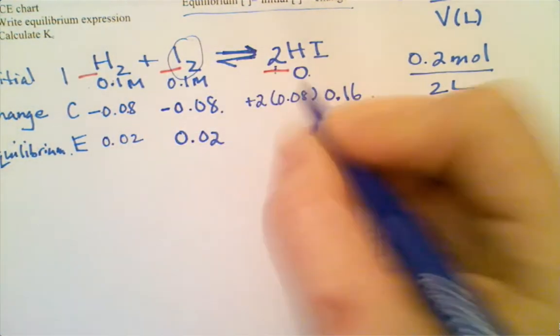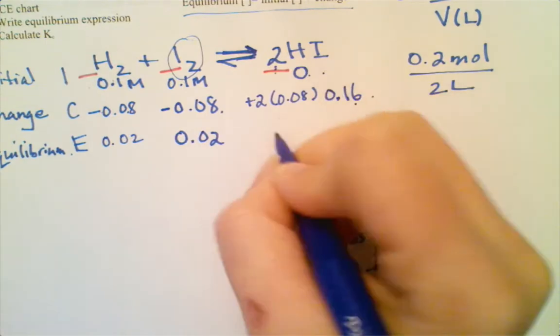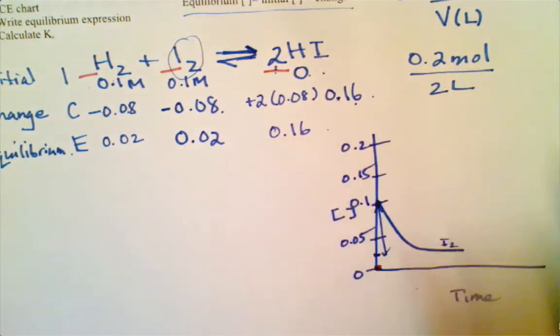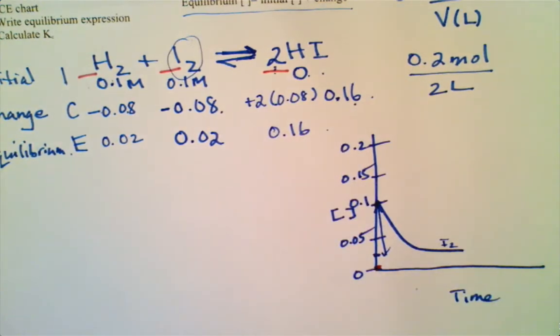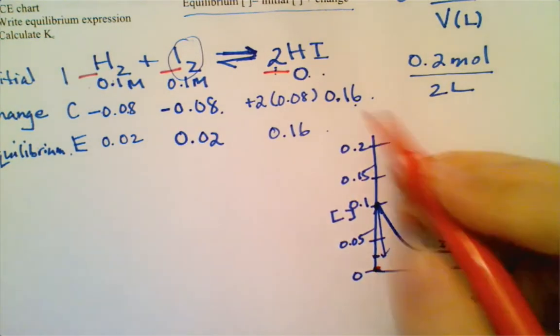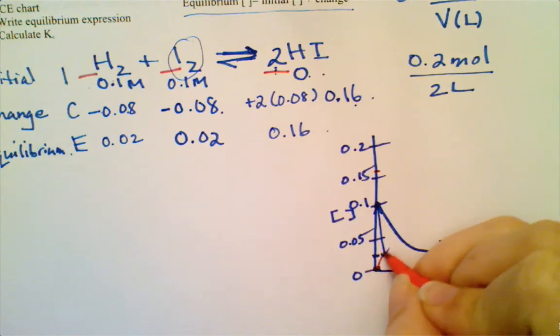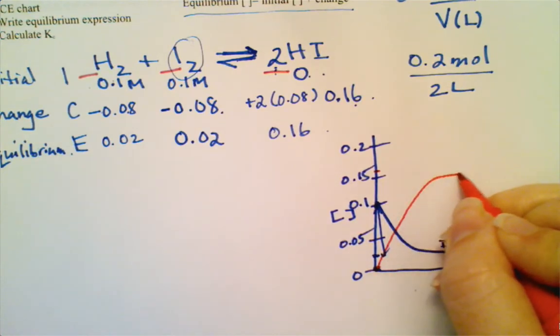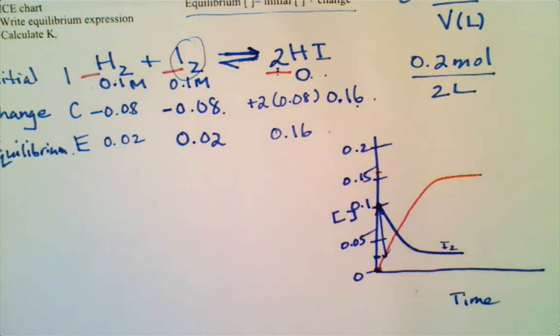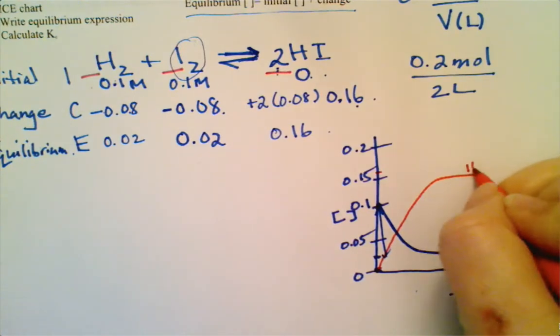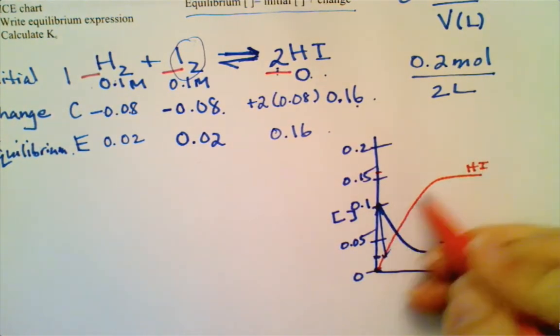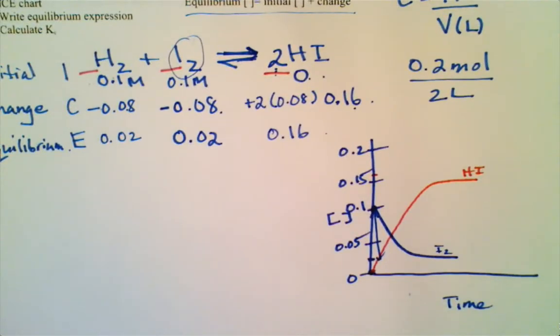This concentration will be 0.16 plus 0, which is 0.16. So what that's telling us is over time, if I was to track HI, 0.16 is about there. Its concentration will start to plateau around the 0.16 mark. So this is your HI, and its concentration is going up by double the amount.